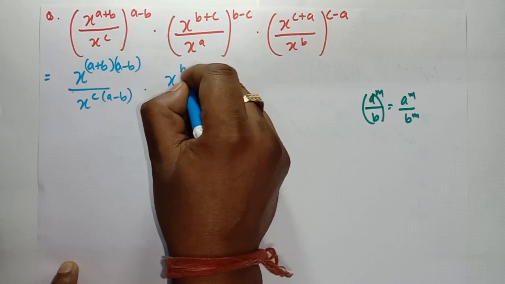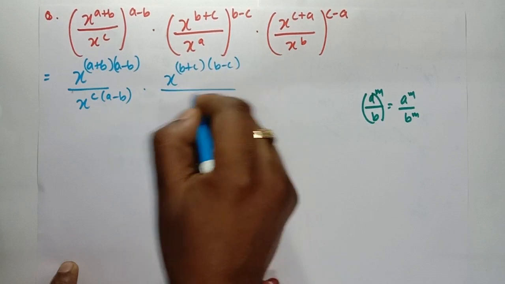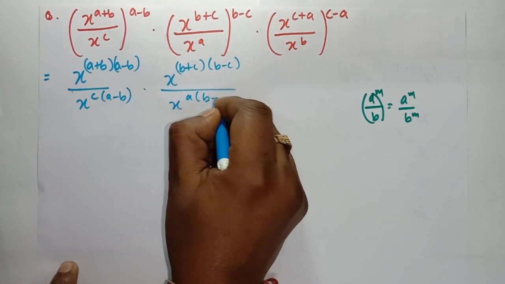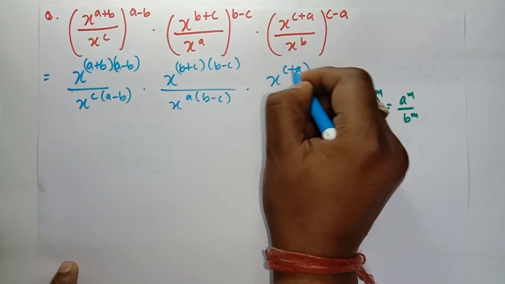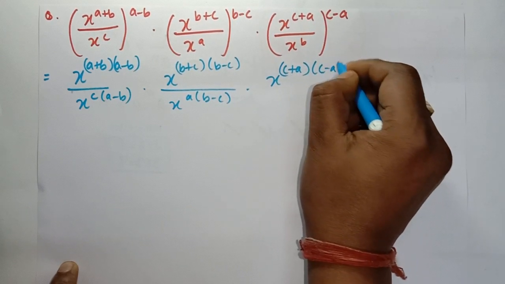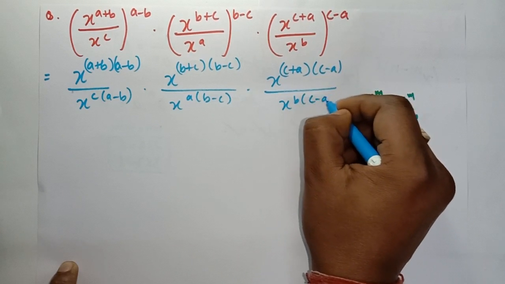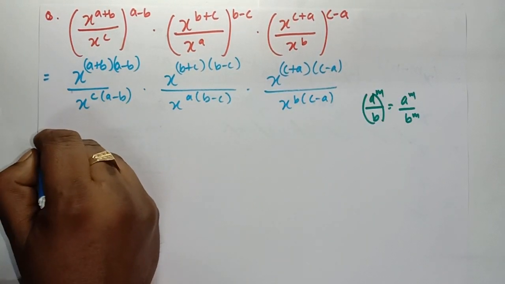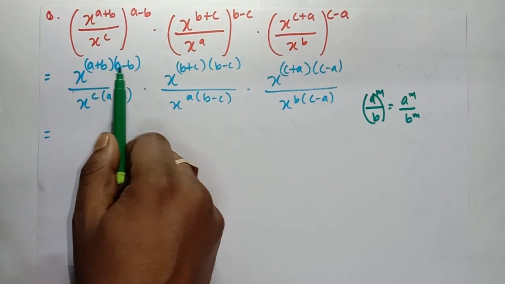Similarly in this one also, b plus c, this will be b minus c. Similarly x to the power a plus c, this c minus a. Denominator, x b, what will be? c minus a.